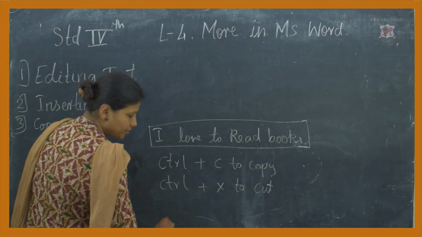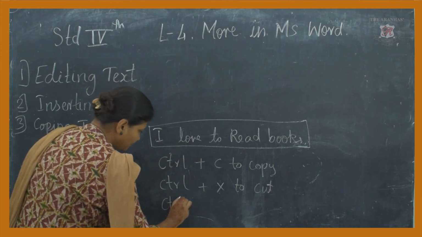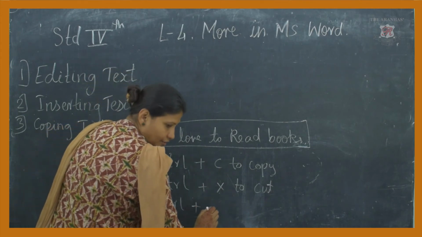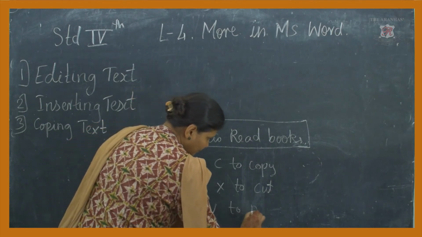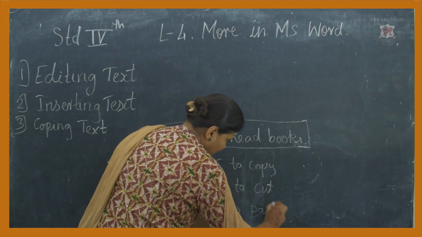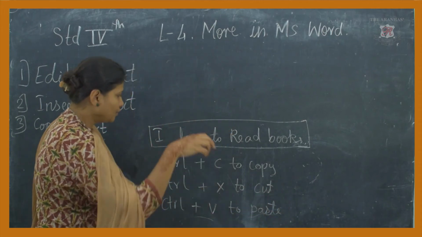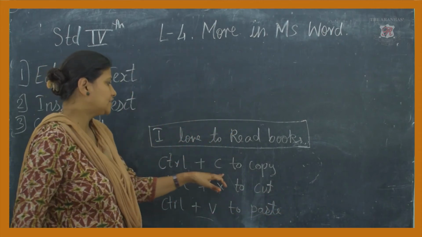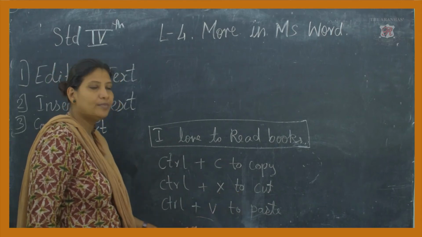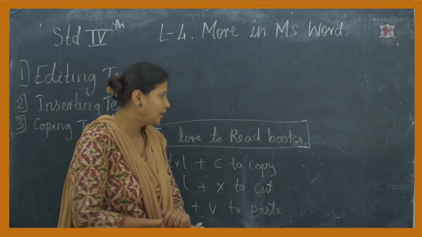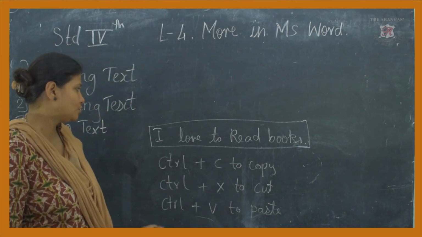After that, Ctrl plus V to paste. Okay. Now see, Ctrl plus C to copy, Ctrl plus X to cut, and Ctrl plus V to paste. You have to learn these shortcut keys also.